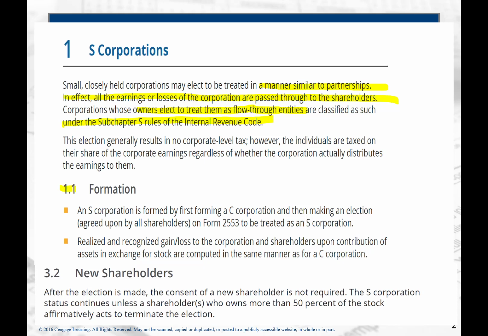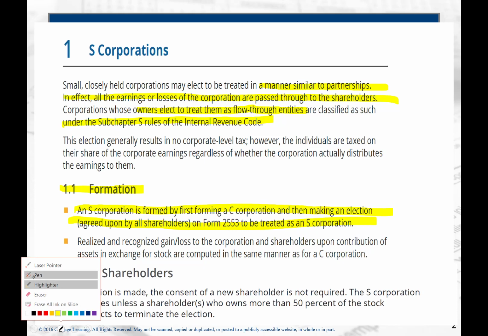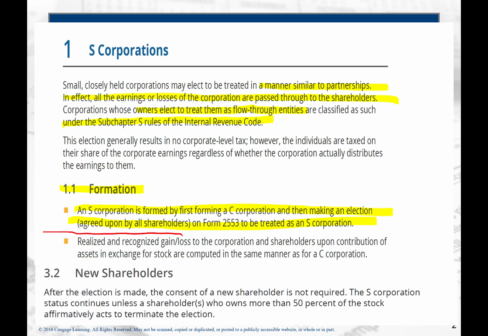Okay. Now, when you form the S corporation, you are first going to have to be a regular subchapter C corporation, and then when all the shareholders agree, okay, it's not by a majority vote, everyone has to agree that we're going to turn the C corporation into an S corporation, and that will result in the election that is filed on Form 2553.